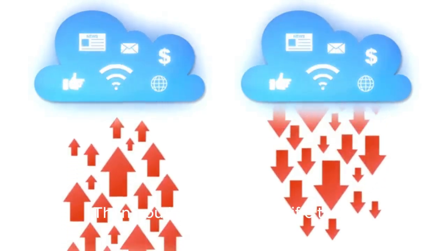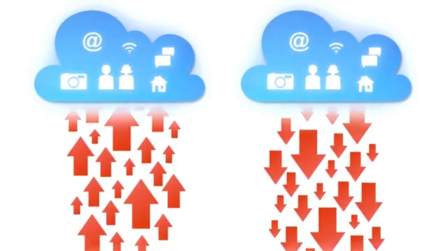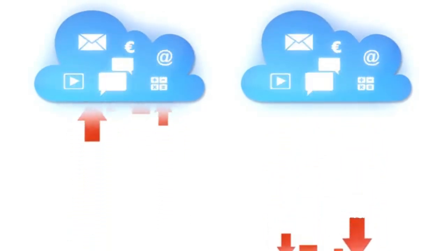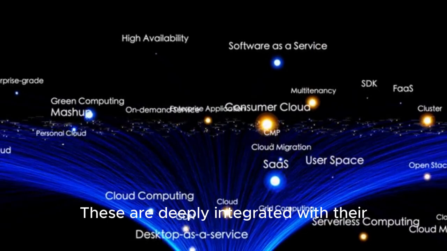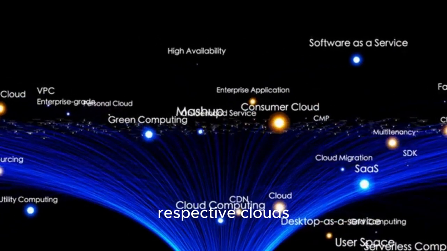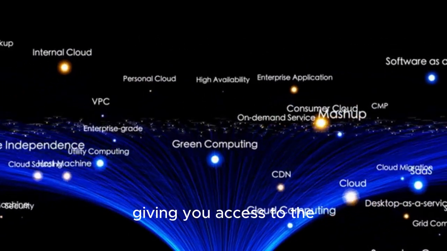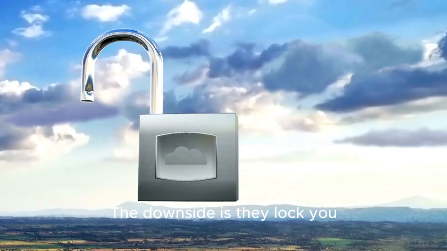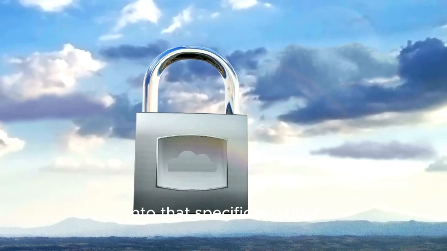Then you have cloud-specific tools like AWS CloudFormation or Azure Resource Manager. These are deeply integrated with their respective clouds, giving you access to the latest services immediately. The downside is they lock you into that specific provider.